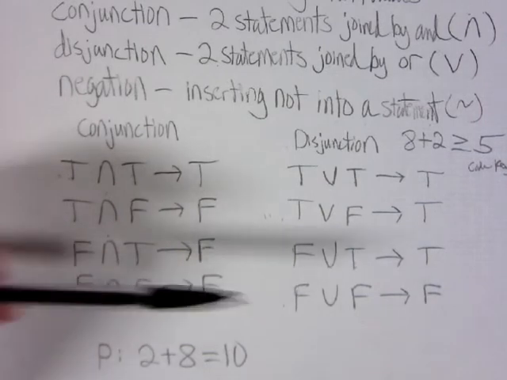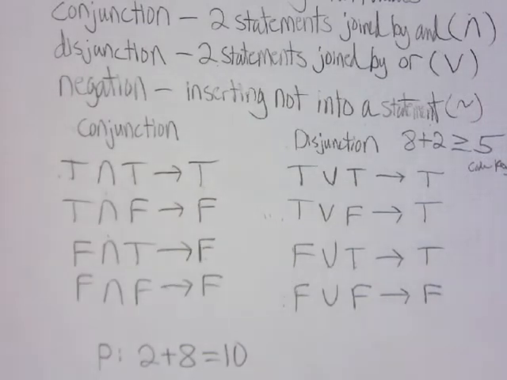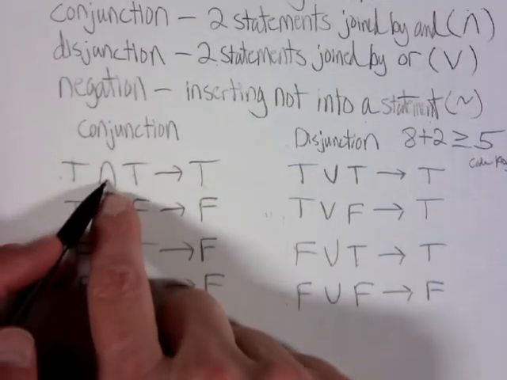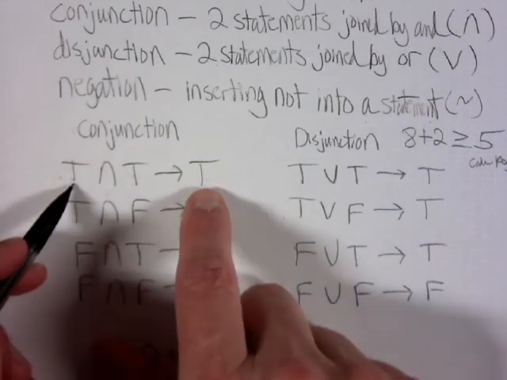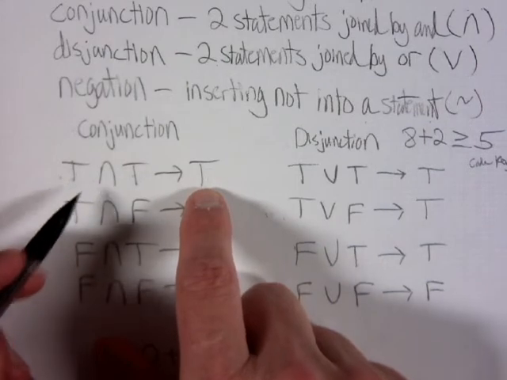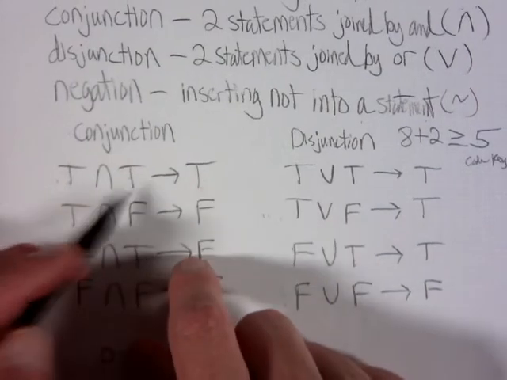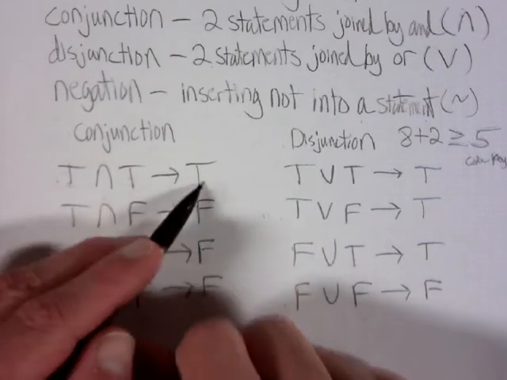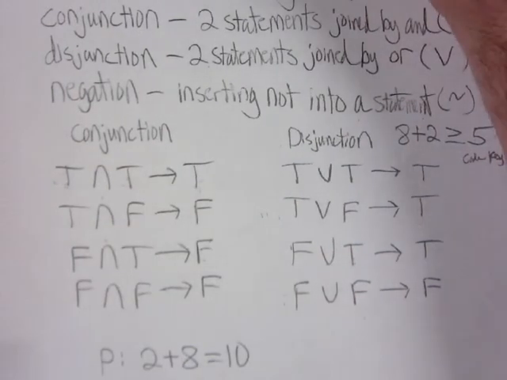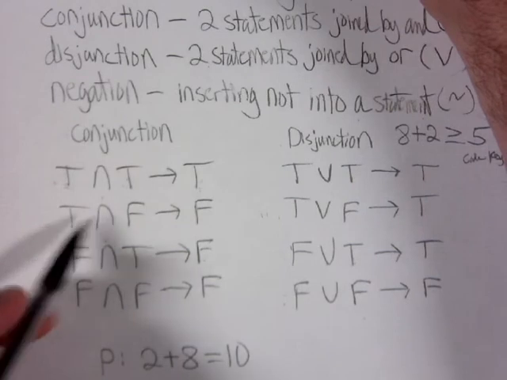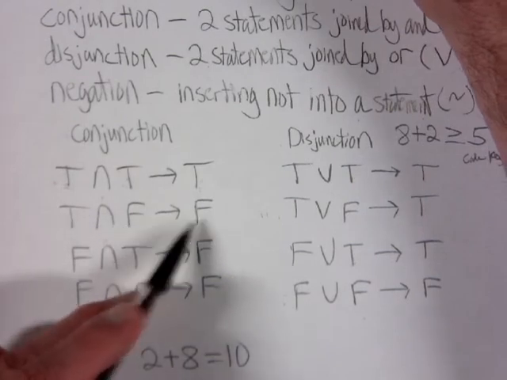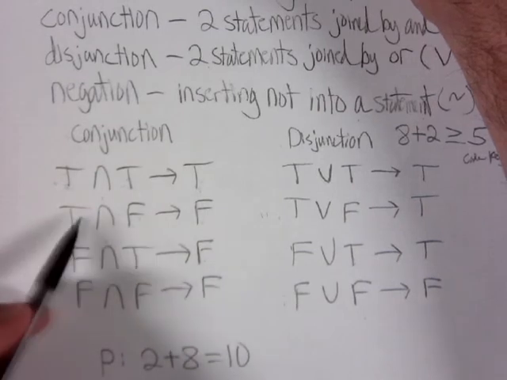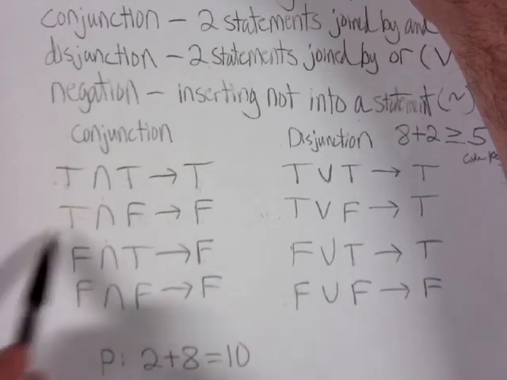So, for example, if you have an and statement, a conjunction, and both parts are true, then the whole statement is true. If the first statement is true, but the second statement is false, then the whole conjunction is false, because and means they both have to be true. If any part of it is false, then the whole thing is false.